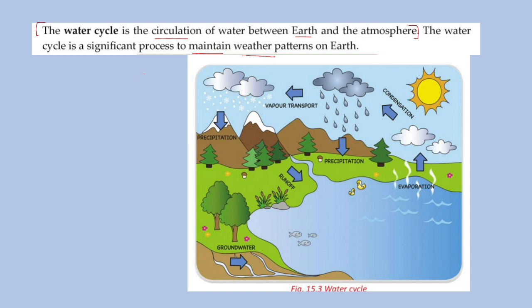So what is water cycle? Water cycle is circulation of the water between earth and atmosphere. This water cycle has got various stages or steps. In this picture you can see the water cycle. Let us understand step by step what you mean by the term water cycle.